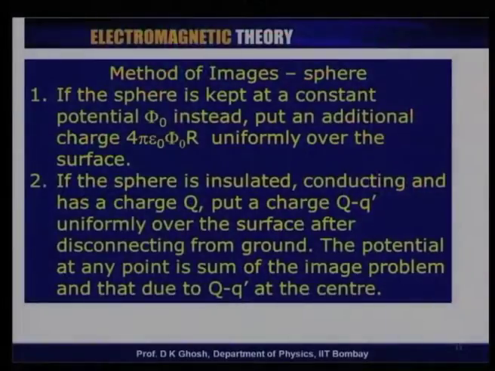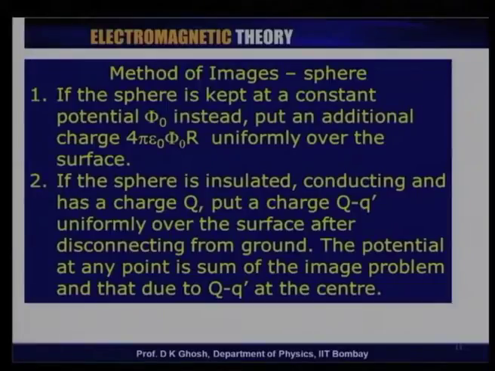That means replacing it with a charge kept at the center equal to 4 pi epsilon 0 times phi naught, which is the constant potential in which the sphere is maintained, times r. So, you spread this amount of charge uniformly at the surface, which is equivalent to putting that amount of charge at the center, and repeat that calculation.